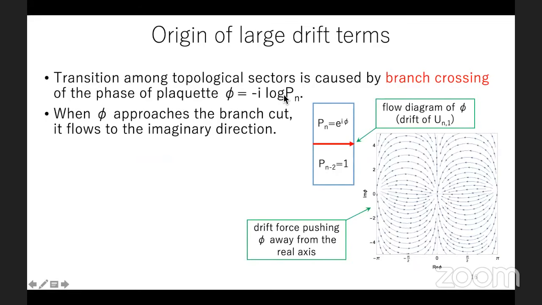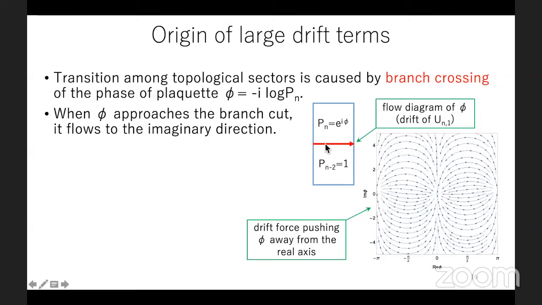There is a problem around the branch cut of the bracket. So we check the flow diagram of the bracket. Flow diagram means the drift term of this thing.